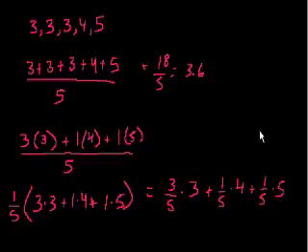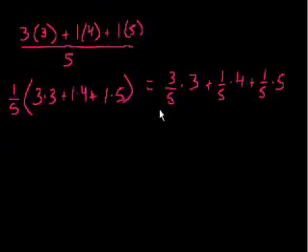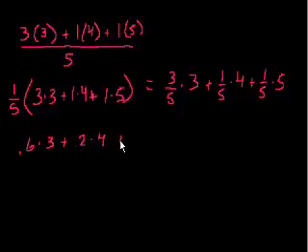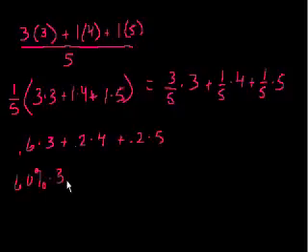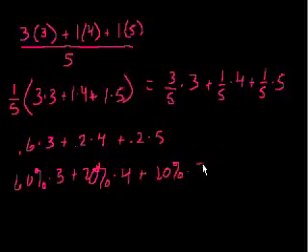And just so we can see it in a bunch of different ways, let me express these as decimals. So 3/5 is 0.6 times 3 plus 0.2 times 4 plus 0.2 times 5. Or we could express these decimals as percentages: 60% times 3 plus 20% times 4 plus 20% times 5.